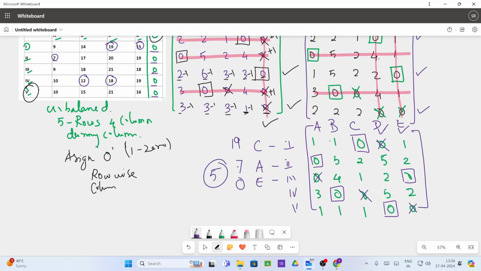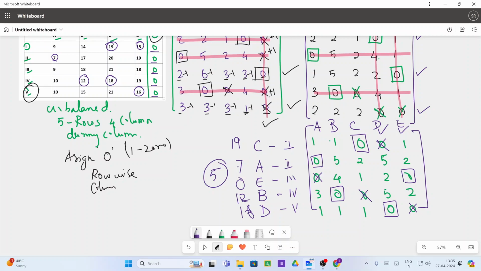For 3 we are not assigning any place because that is a dummy one. For 4 we are assigning B, and the cost is 12. And for 5 we are assigning D, and the cost is 16.